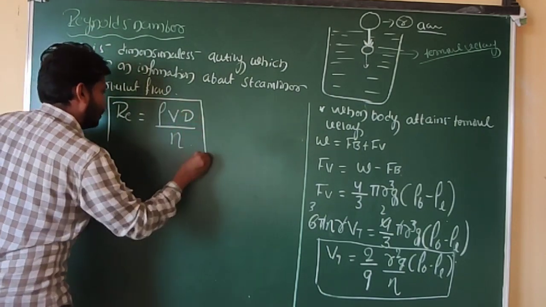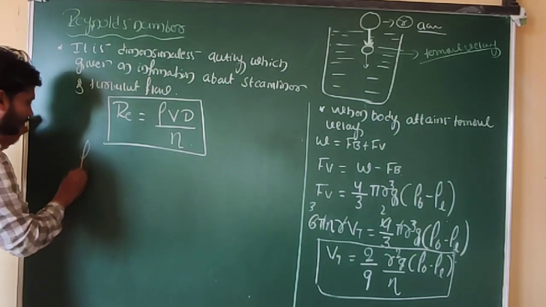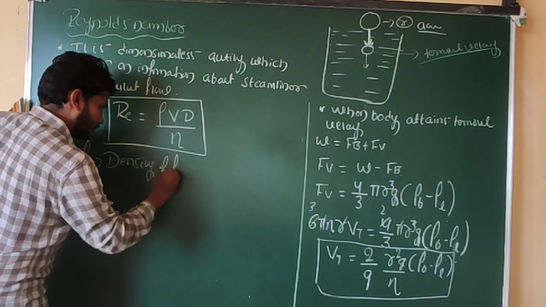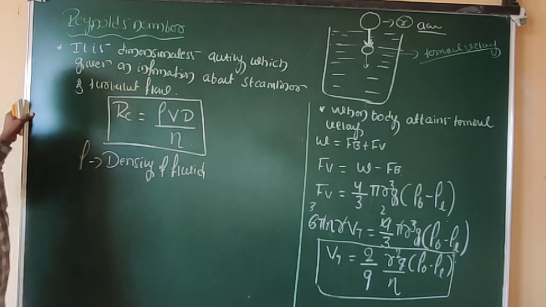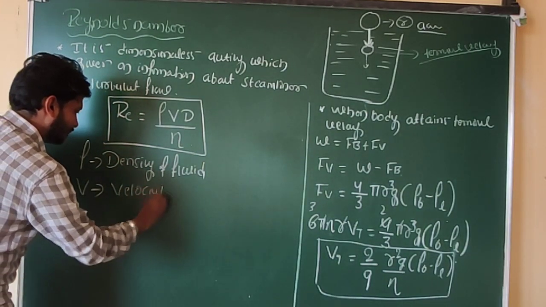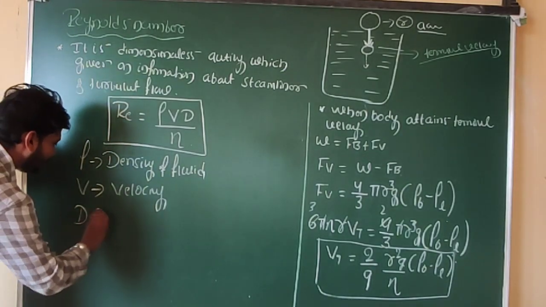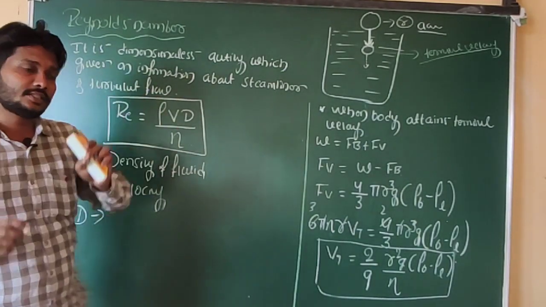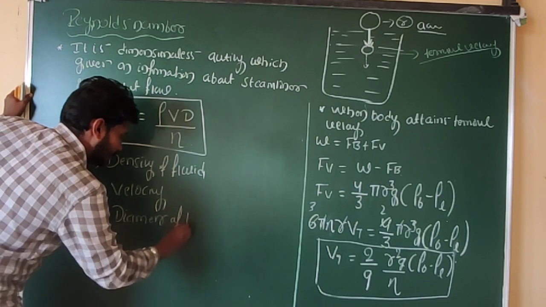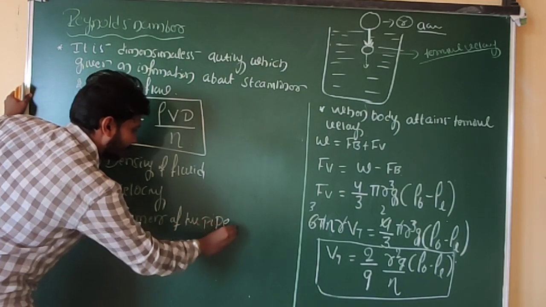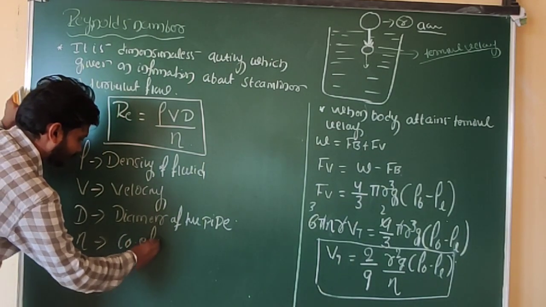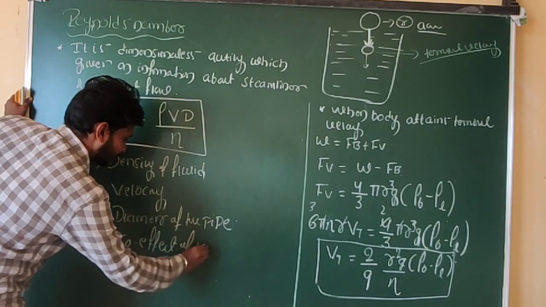Here rho is the density of the fluid, V represents the velocity of the fluid, D represents the diameter of the pipe in which the fluid is flowing, and eta represents the coefficient of viscosity.